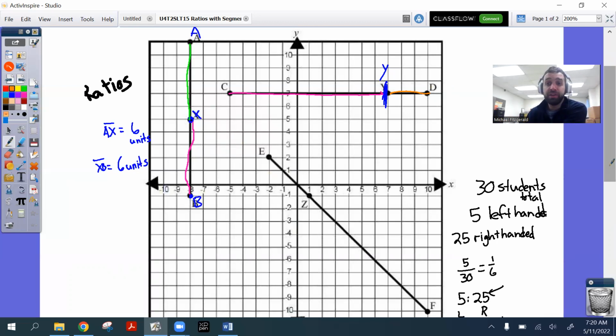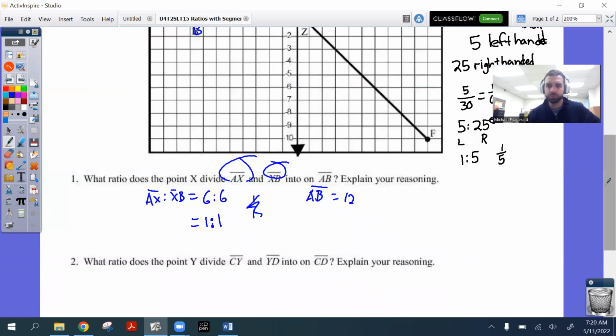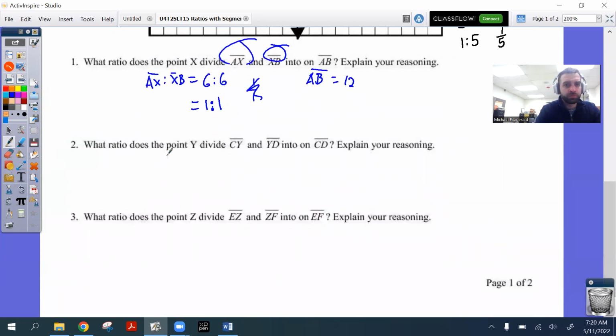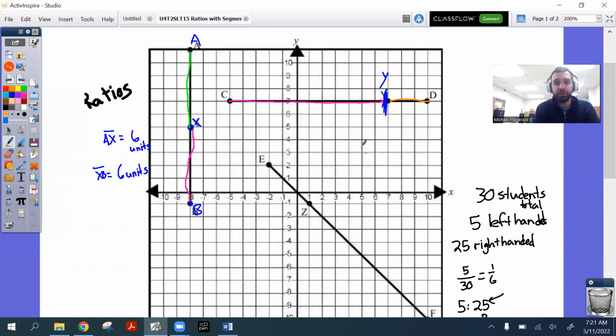And let's count these measurements. So CY is 1, 2, 3, 4, 5, 6, 7, 8, 9, 10, 11, 12 units. So CY equals 12 units. And YD is 1, 2, 3 units.